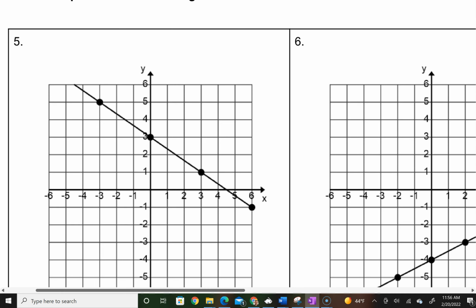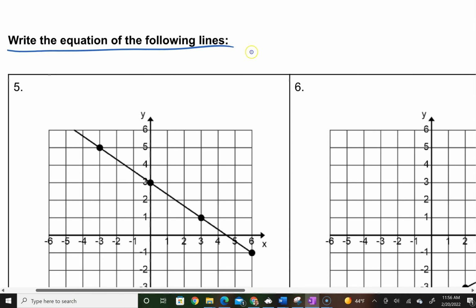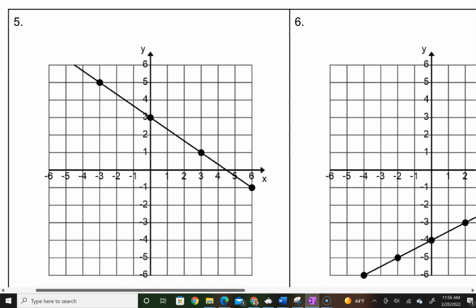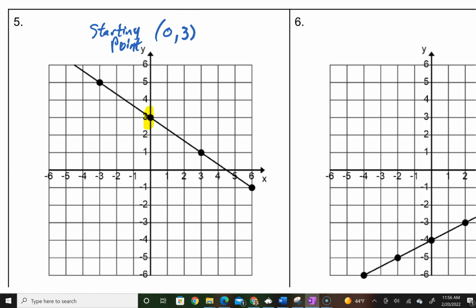Likewise, as we're looking here for number 5, we're going to work backwards. Can we write the equation? Well, I hope you can see very quickly that we've got our starting point. Our starting point is 0, 3. And then you can think about slope.